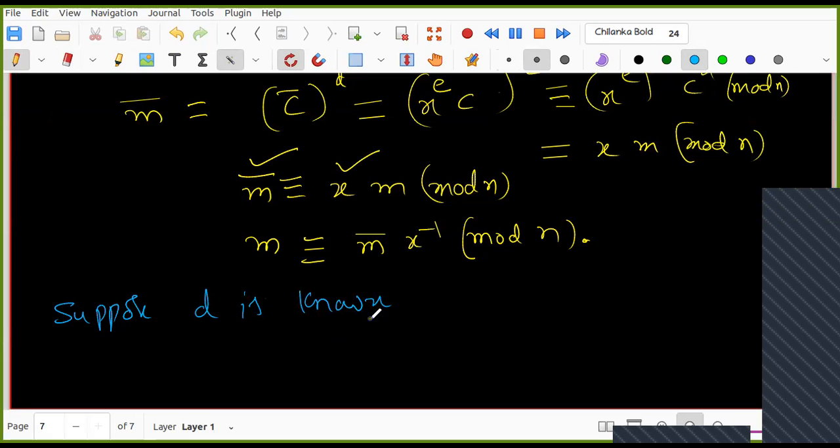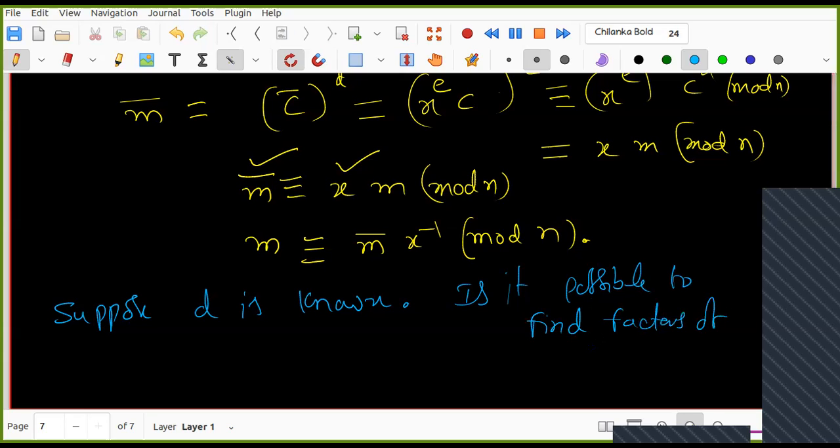Known means known to the opponent. Now the question is, suppose D is known, is it possible to find the factors of N? Finding N is not the issue, since N is already public. So the factors P and Q, is it possible?